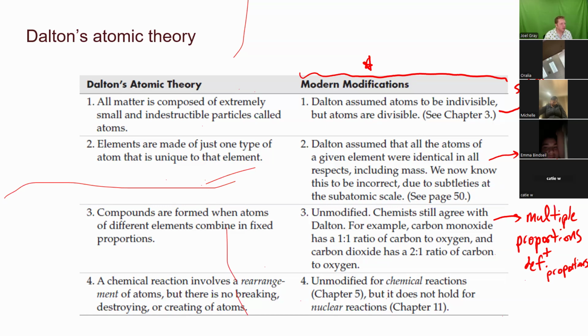And then last but not least is that a chemical reaction involves a rearrangement of atoms, but there's no breaking, destroying, or creating of atoms. This is essentially, in a chemical reaction, you have the conservation of mass.